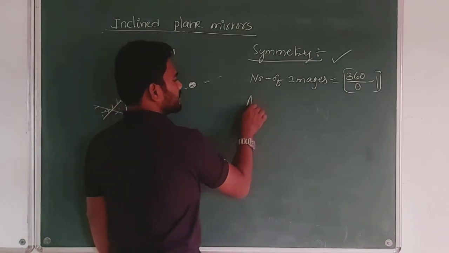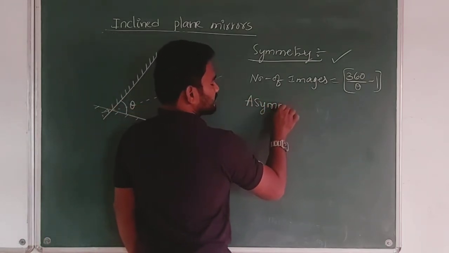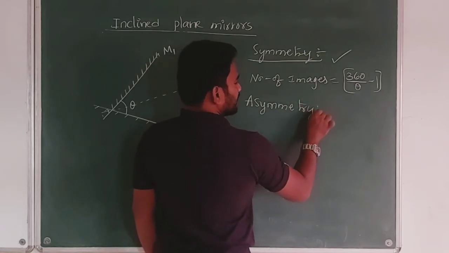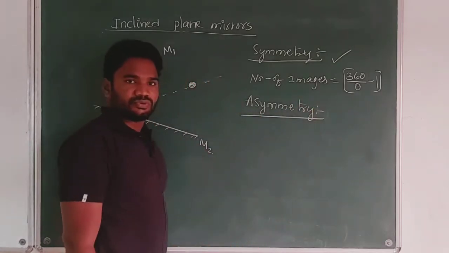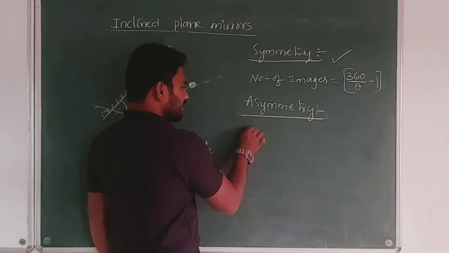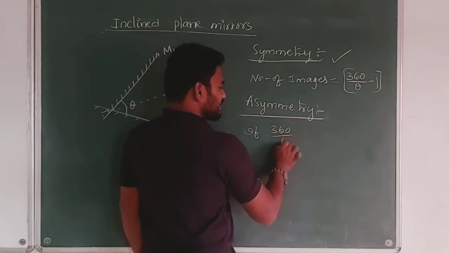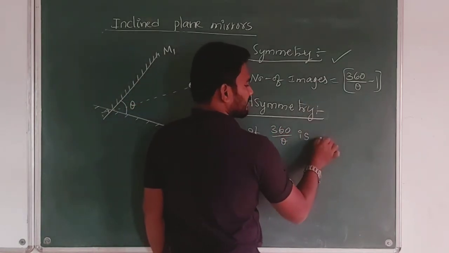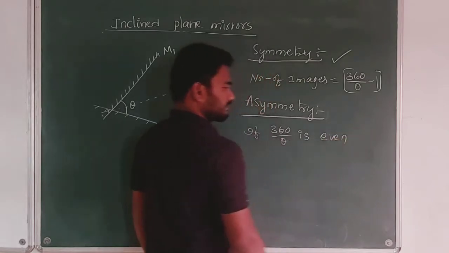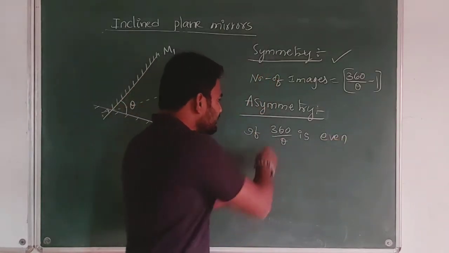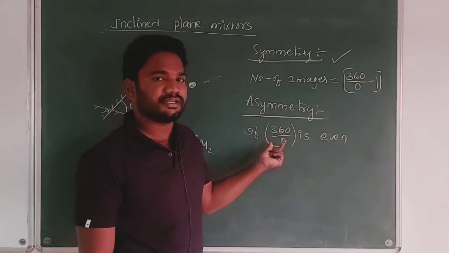Next, I will go for asymmetry. Write down, students. Asymmetry means two conditions we have. What are they? If 360 by theta is an even number, try to catch my point. We have to calculate 360 by theta first.